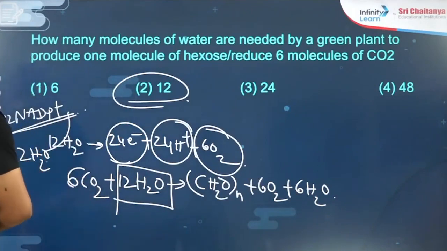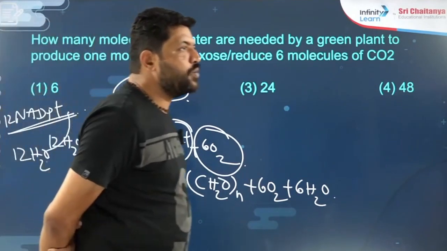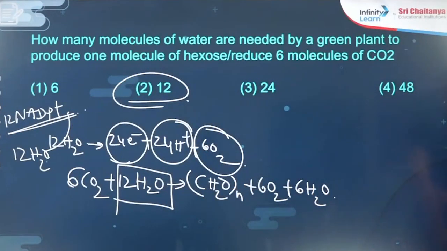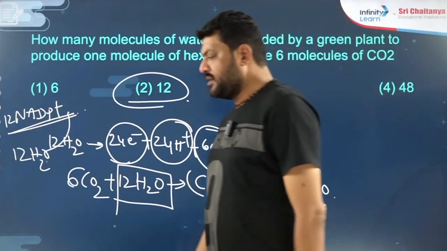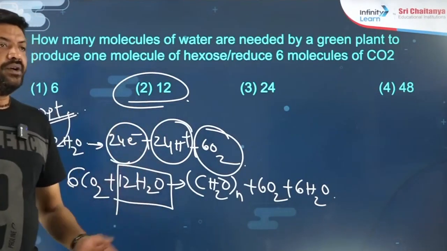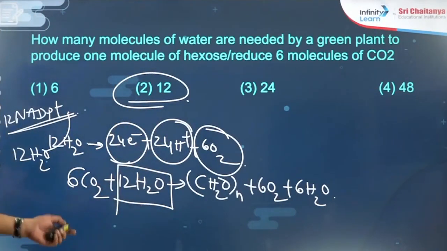Now the sixth question you can ask here: the ratio between water molecules oxidized in the light reaction and NADPH2 produced in the light reaction. Water molecules oxidized is 12 and NADPH2 produced is again 12. That is 1:1.